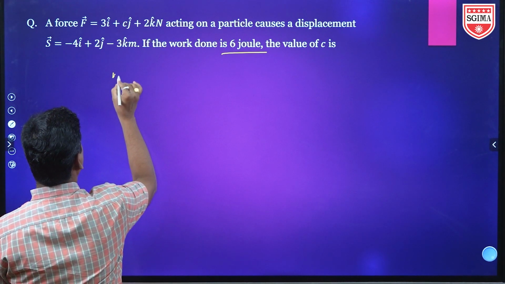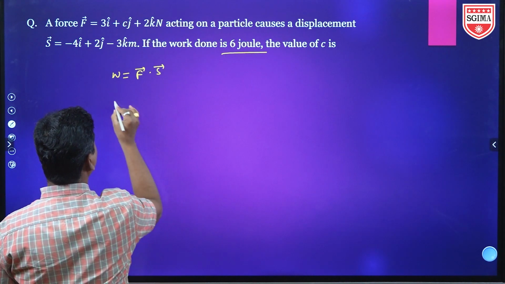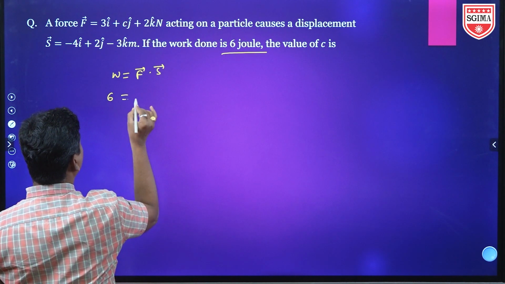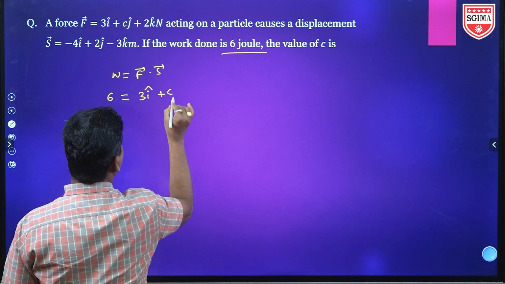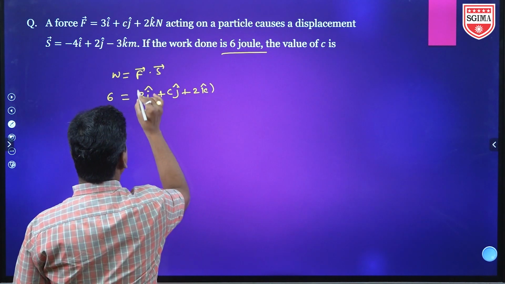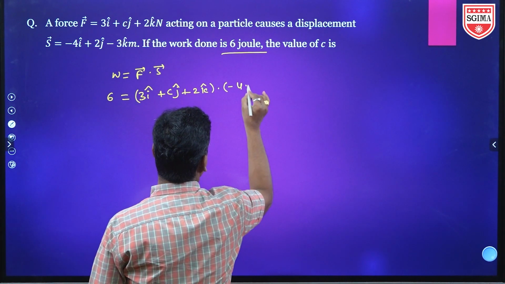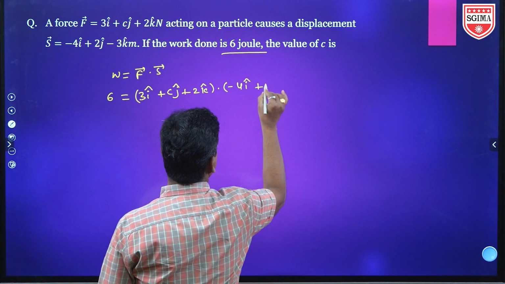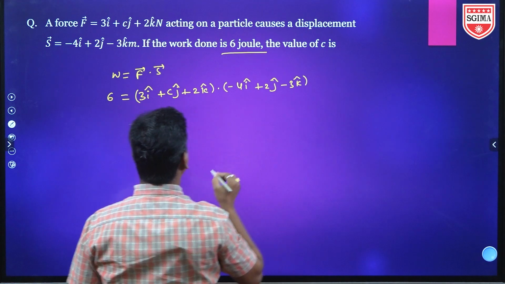So work done equals the dot product F bar dot S bar. Here work is given as 6. The force vector is 3i cap plus C j cap plus 2k cap, dot the displacement, minus 4i cap plus 2j cap minus 3k cap.